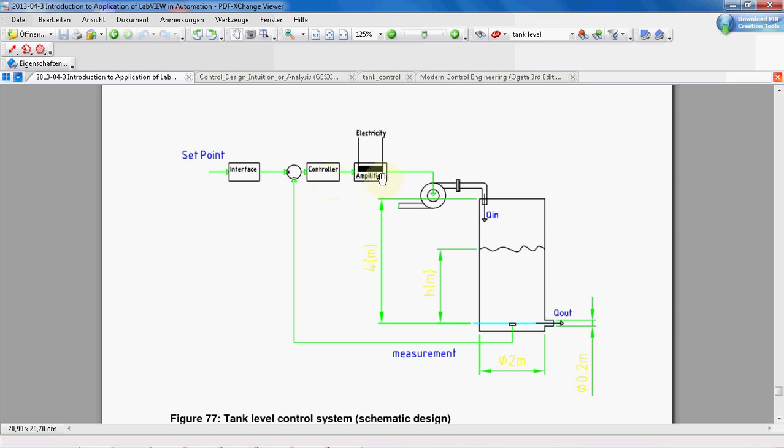So the pump actually works because of the incoming voltage. Okay. Then, according to this voltage, let's say the stronger the voltage is, the higher is the volume of water.